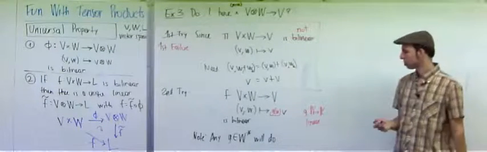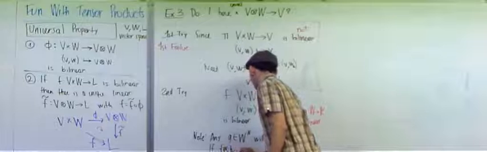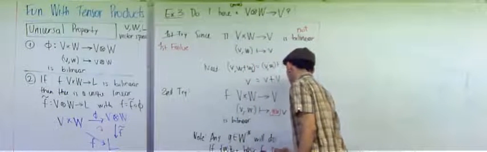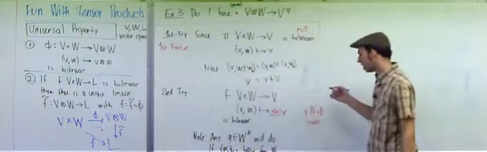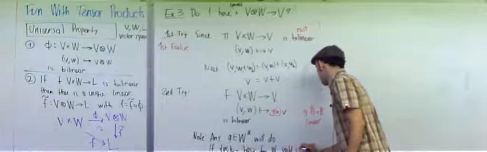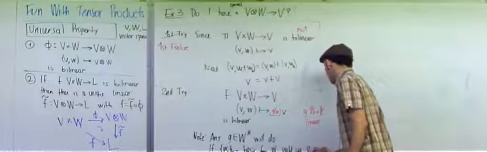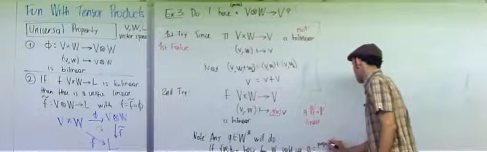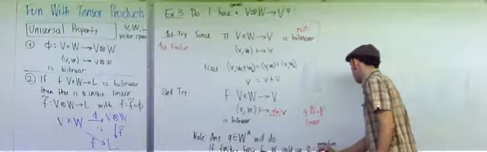For example, one easy way is that if you have a basis for W, you could just let G be projection onto one of the coordinates. So if W_i is a basis for W, then an easy choice would be to let G_i be projection onto the ith coordinate.